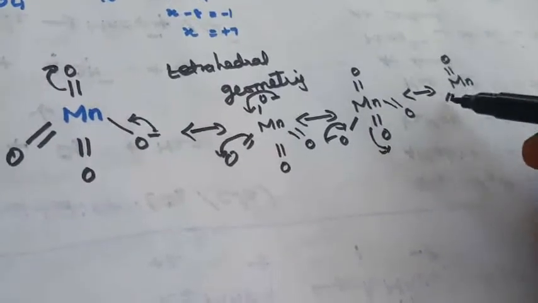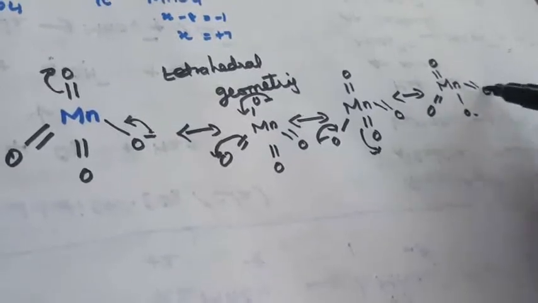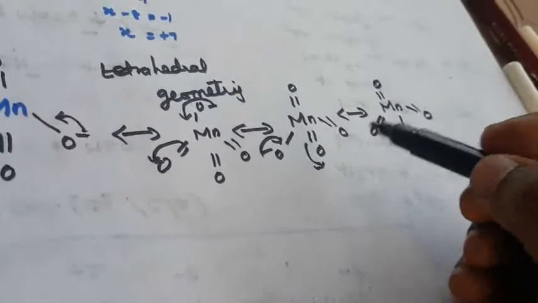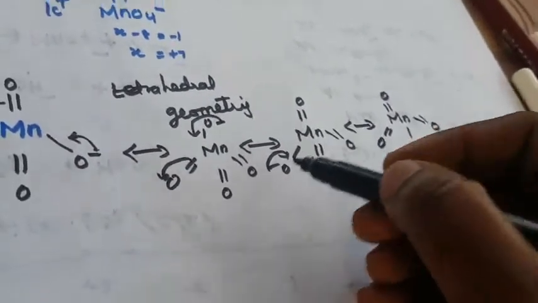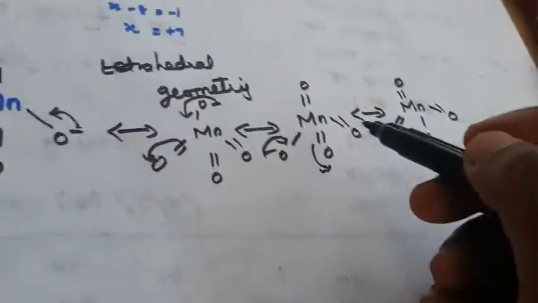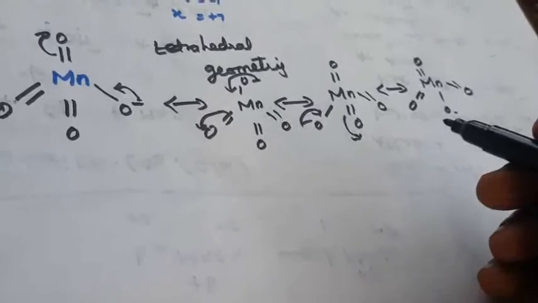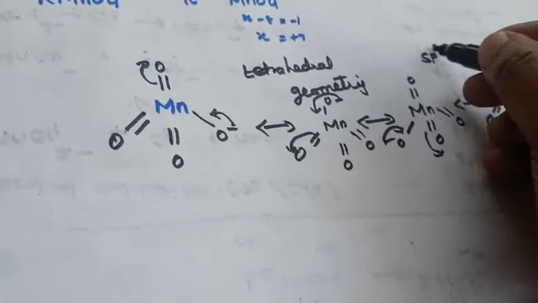Mn with double bonds here and here, here a single bond with minus, then a double bond. What is the meaning of that? All the bonds are equal, so all the bond lengths are equal in the permanganate ion. What is the reason? The hybridization is sp3.